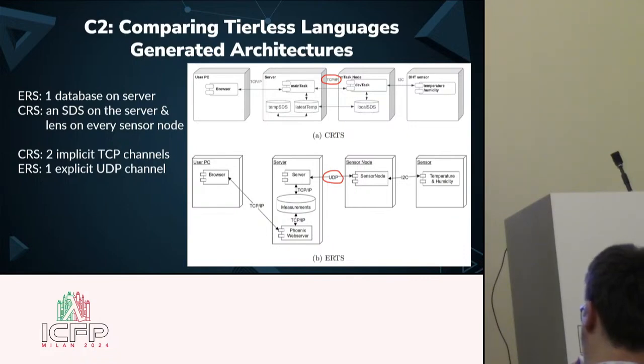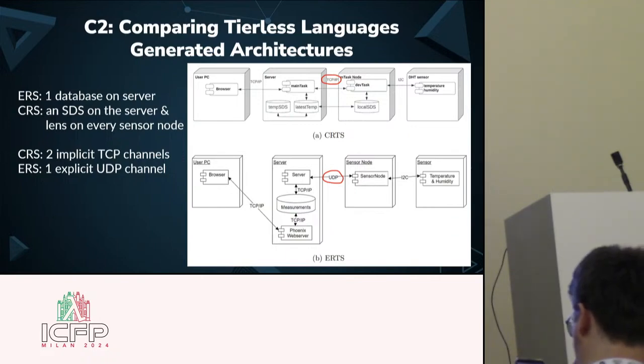So in ERS, we have a single database on the server, whereas in CRS, there is an SDS, a shared data source, on the server, but every server node has, what do I call those? A lens onto that database. So these lenses are replicated for every server node.